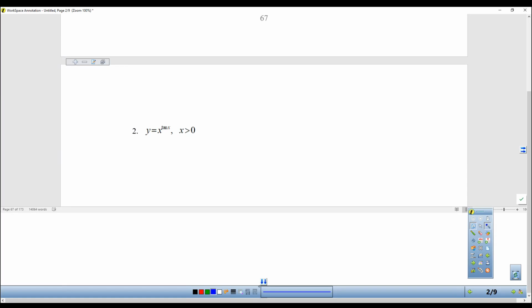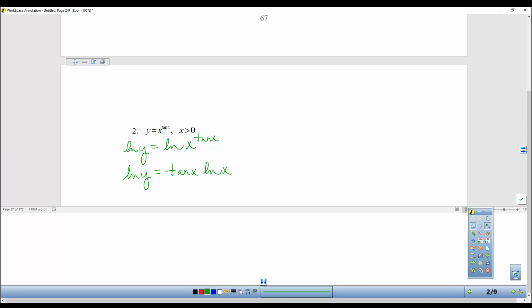Number 2, again, I can't deal with this problem with that tangent stuck as an exponent. And so to get rid of it, I'm going to take the natural log of both sides. That allows me to take the tangent and put it out in front using the rules of logs.